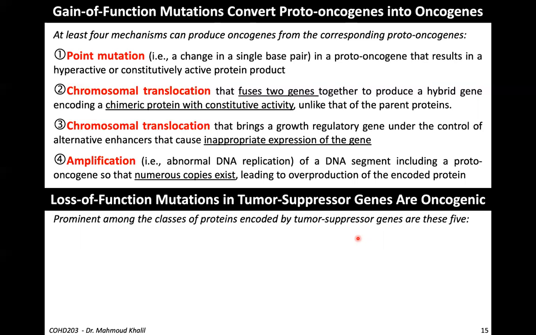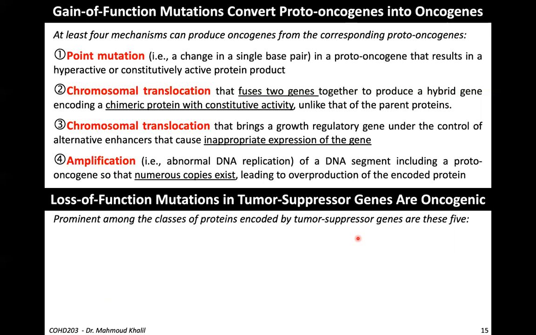While amplification of a gene is a gain of function mutation as well, in which abnormal DNA replication of a DNA segment including a proto-oncogene produces numerous copies of that gene, leading to overproduction of the encoded protein.